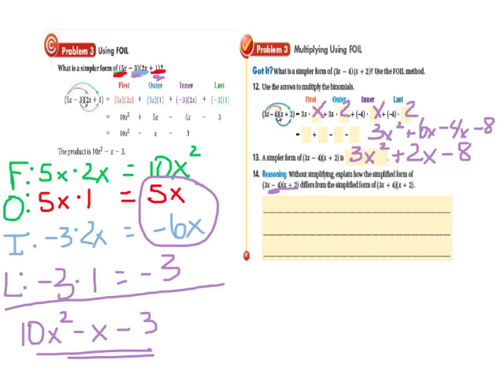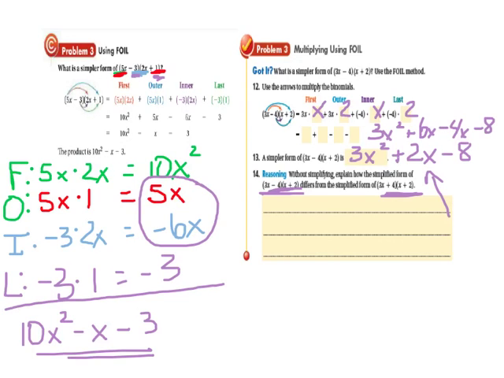So in this first problem, we're going to end up with the middle term being smaller and the last term being negative. This one, the middle term will be bigger and the last term will be positive. And by middle term, I mean that one right there.